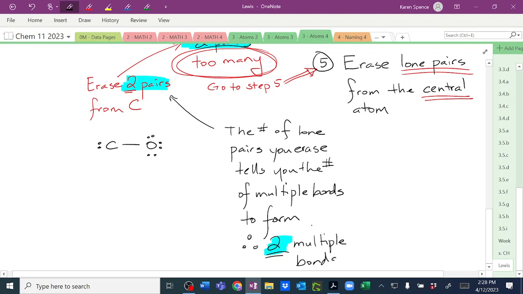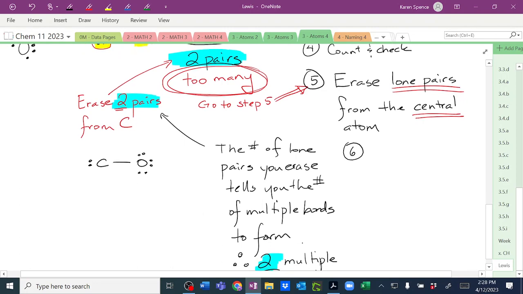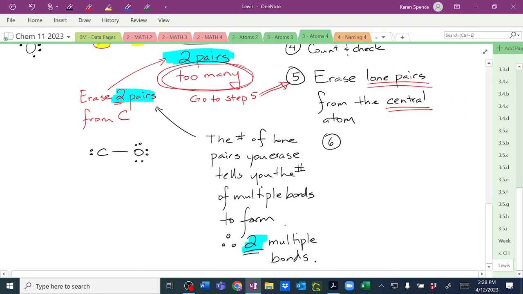Now, how do these multiple bonds come to be? This is going to be step 6. Whoa, moving all over. There we go, that's better. In step 6, we move lone pairs.